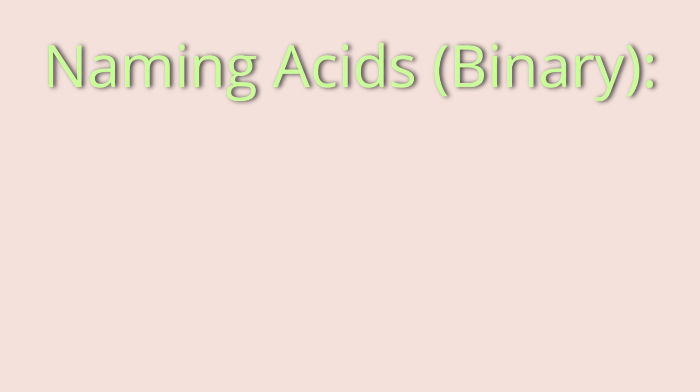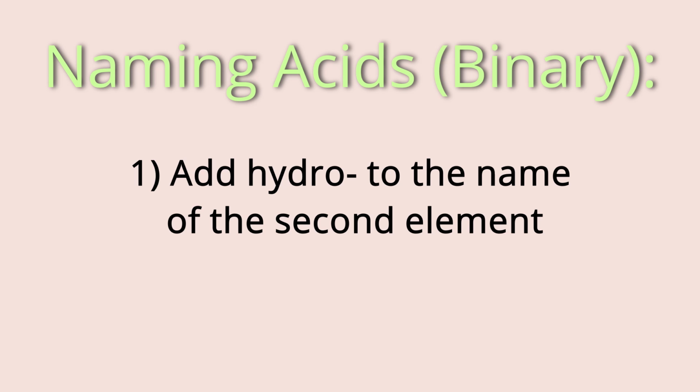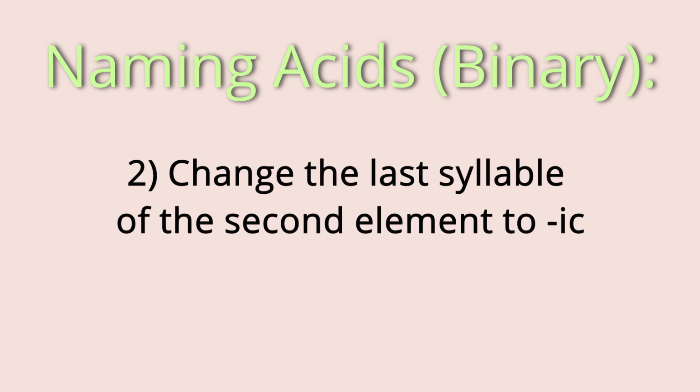So the first step is, based off of your second element, you're going to add hydro to the front of it. So for example, if we have chlorine bonded to hydrogen, we add hydro and then you add on the chlorine. So right now we've got hydrochlorine. And then the second step is that you just change the last syllable to ic. So chlorine becomes chloric.